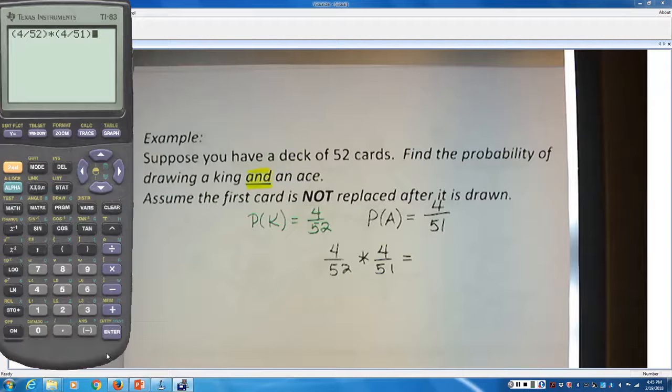And if the problem says, give me the answer as a completely reduced fraction, and my math lab's going to say that, this is how you do it. You hit the math button, and the top one says change the answer into a fraction. So the answer is 4 out of 663.